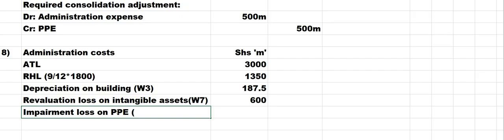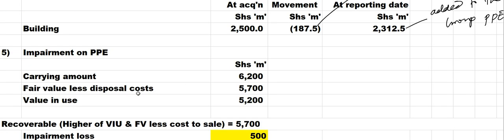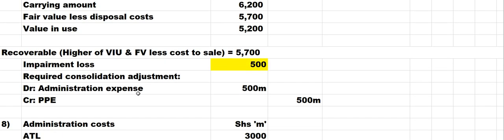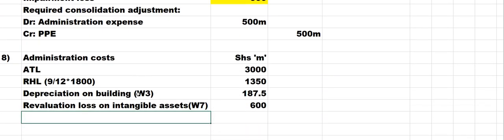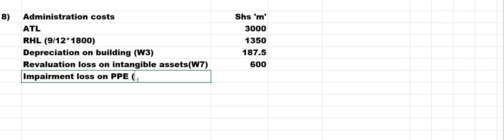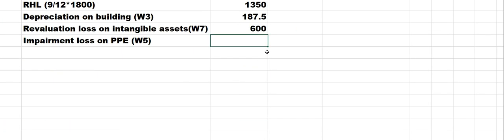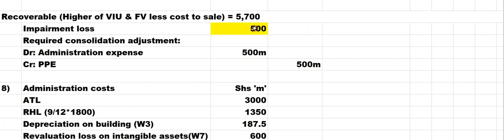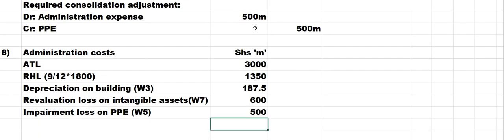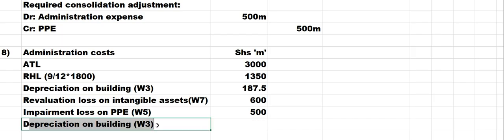This is working number 5. Impairment on the PPE, and this is 500. And we've said that debit are administrative expenses. Then there is also depreciation on the restoration costs.